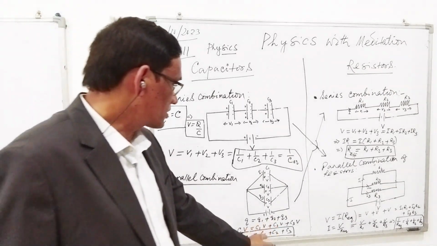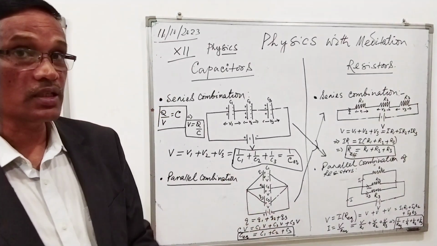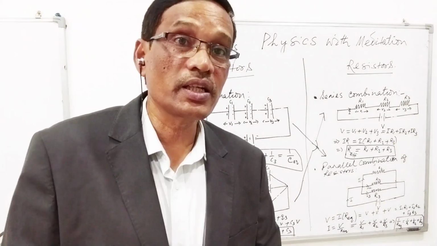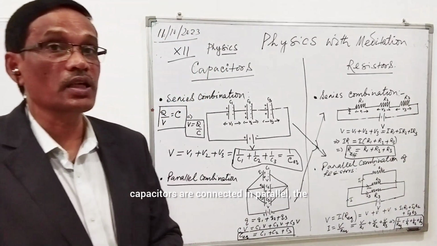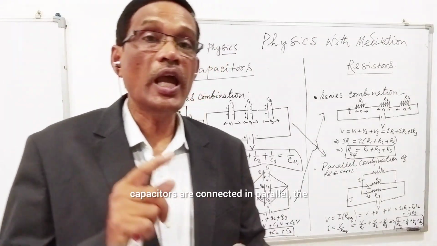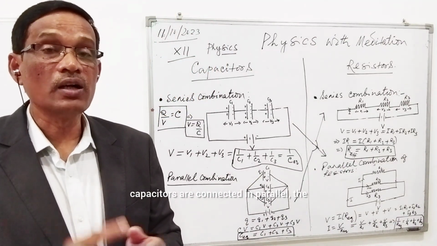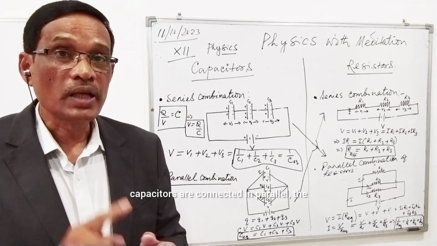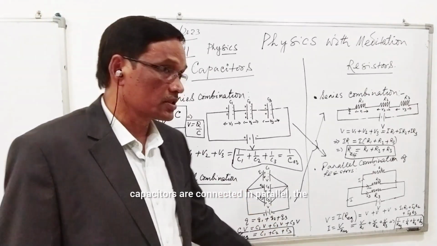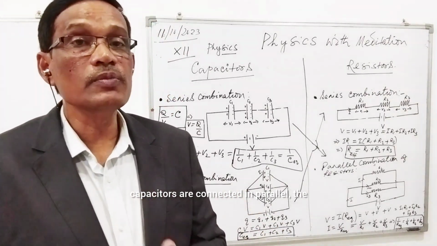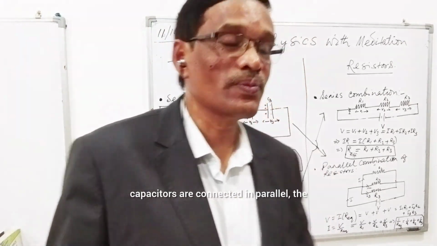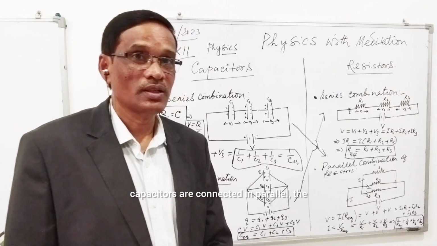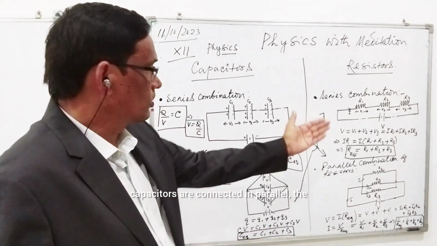Clear? That means when the capacitors are connected in parallel, the effective capacitance or the overall capacitance of the capacitors is the sum total of the individual capacitances of the capacitors. Am I clear? Should we move?